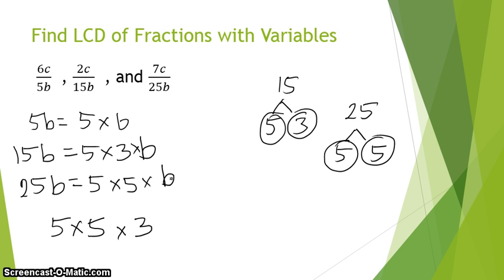And b appears once in every one of them, so I'm just going to use b once. Then I'm just going to multiply them out. I have 5 times 5, which is 25, times 3 times b. 25 times 3, think 3/4, that's 75 cents. And then times b is b.